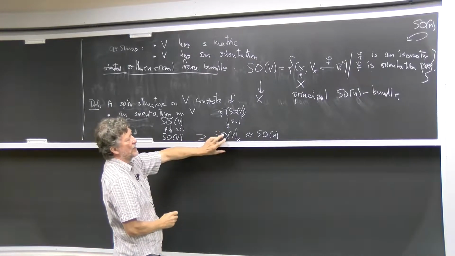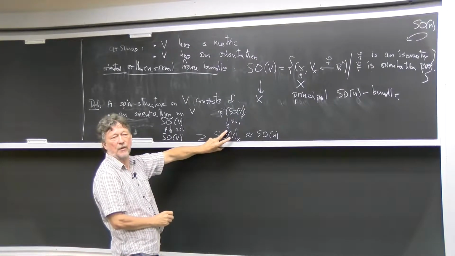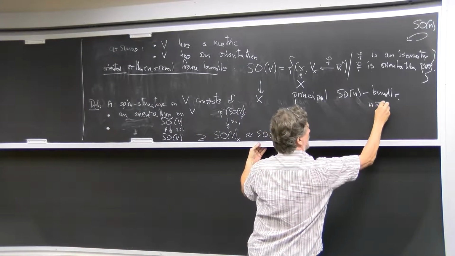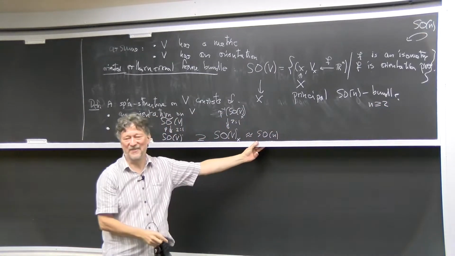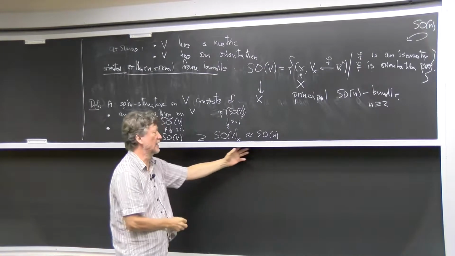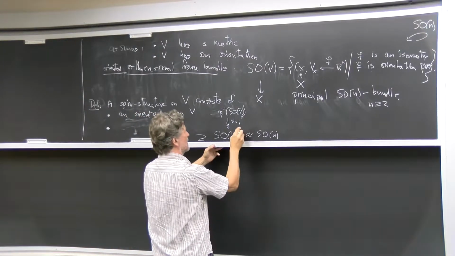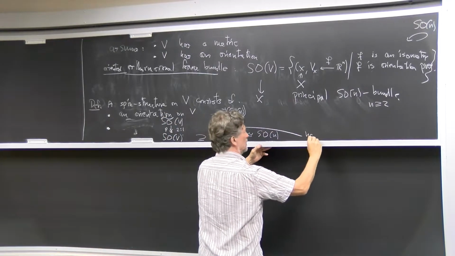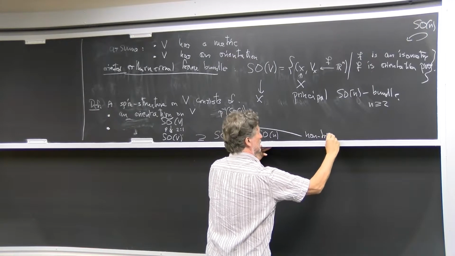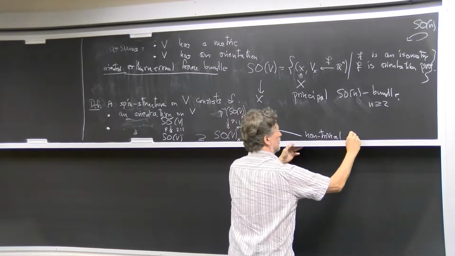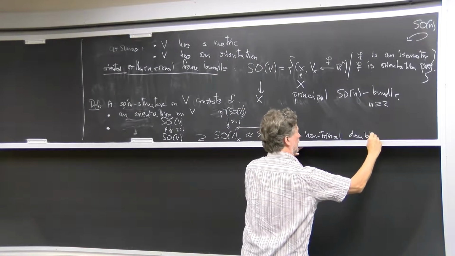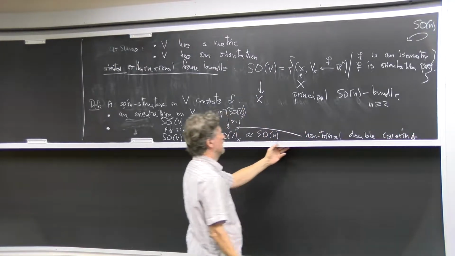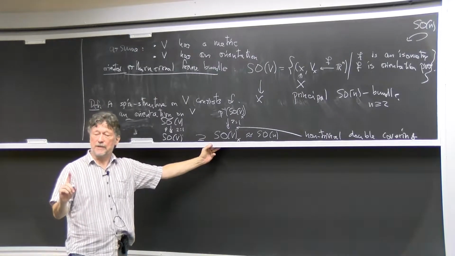And I want that this is the non-trivial double covering. And I'm assuming here that n is at least greater than or equal to 2, so that I have an interesting fundamental group here. So I require that this is the non-trivial double covering. Right? And there's a unique one.